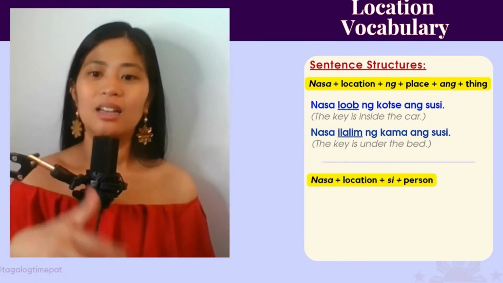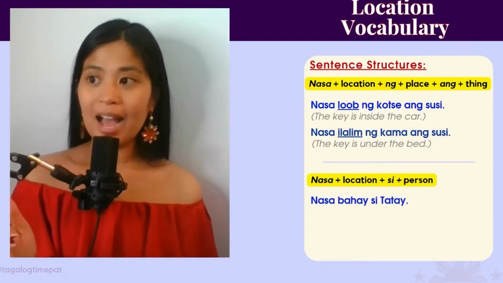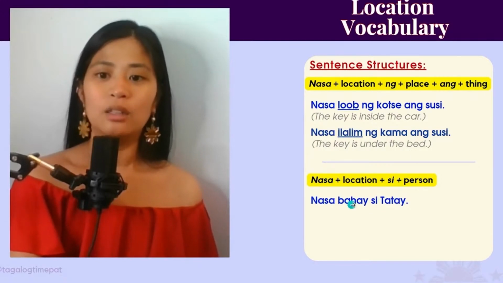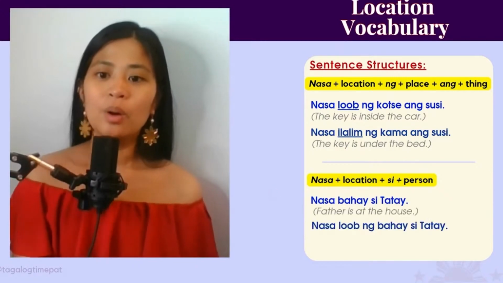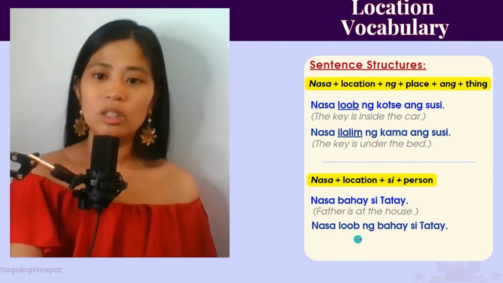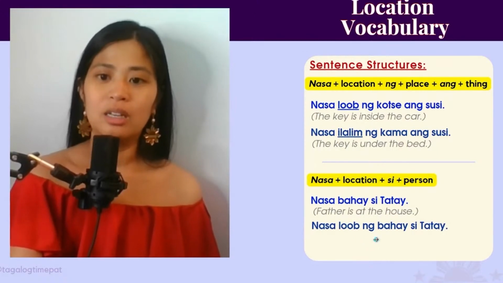Next, nasa, location plus si plus the person. So nasa bahay, si tatay. Nasa, and then the location is bahay. Si, and then the person, si tatay. Father is at the house. Or nasa loob ng bahay si tatay. So this one is just a little bit more specific of where the father is.